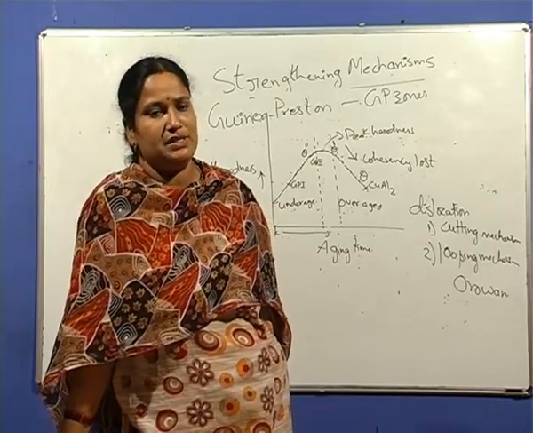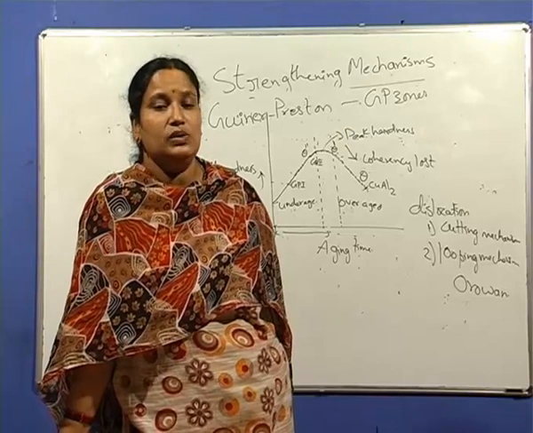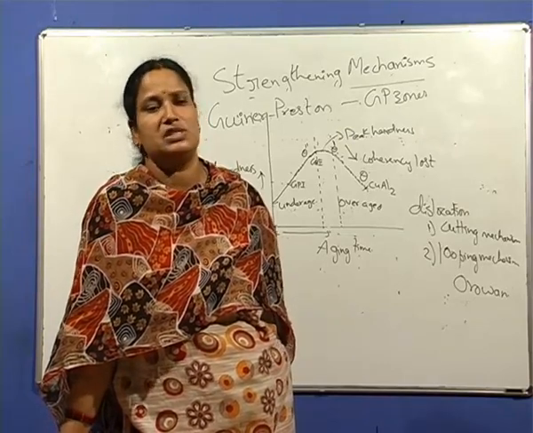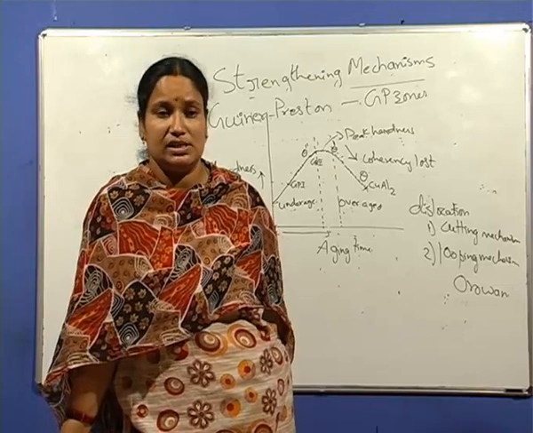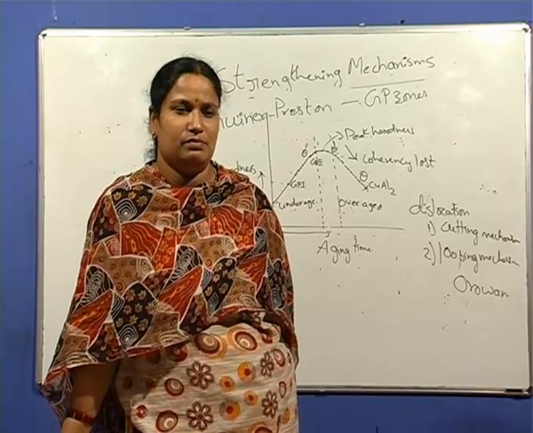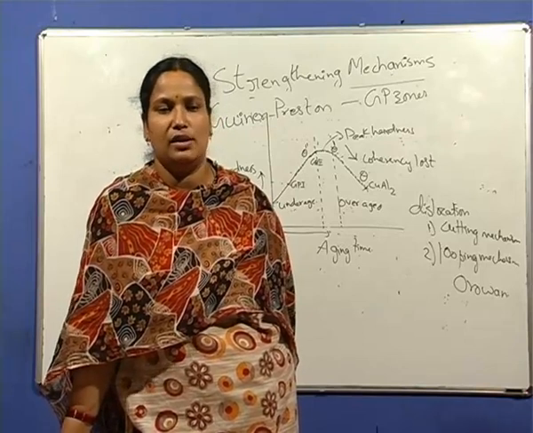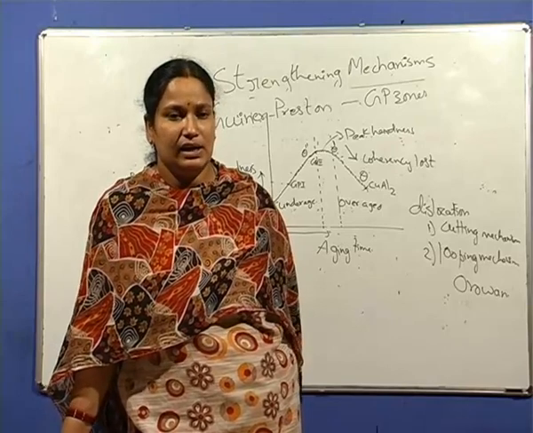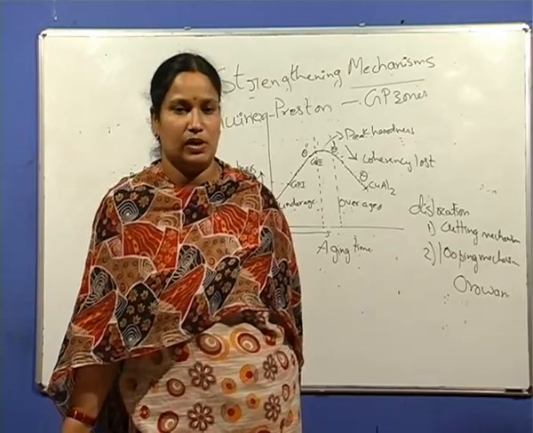These two mechanisms are based on how the dislocations break away through these obstacles, these second phase particles. If the precipitate particles are very fine, smaller in size and soft, they can be easily cut by the dislocations.